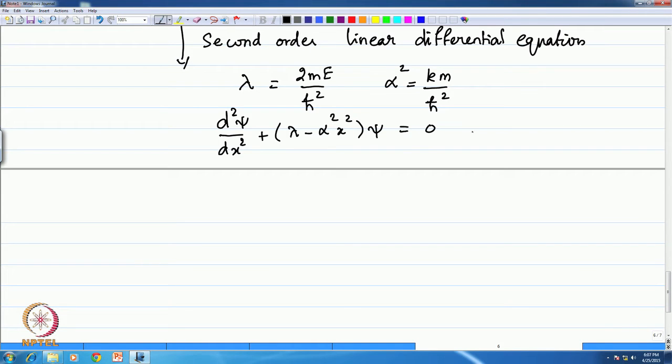Verifying this will be one of the items for you to check.